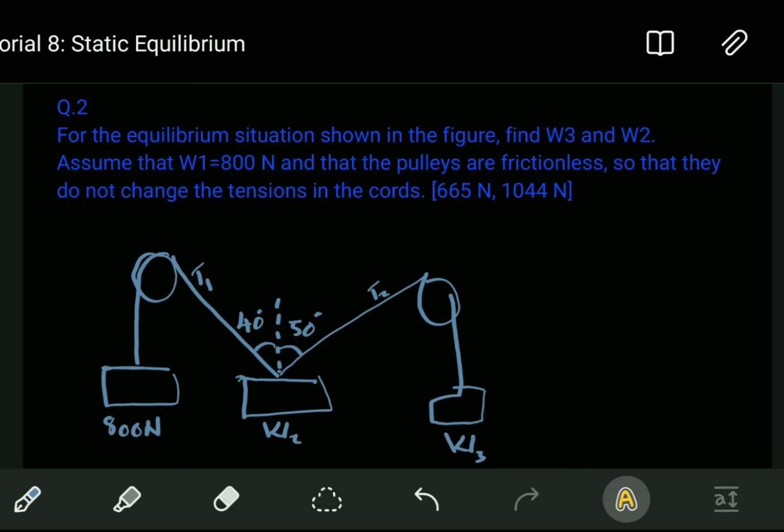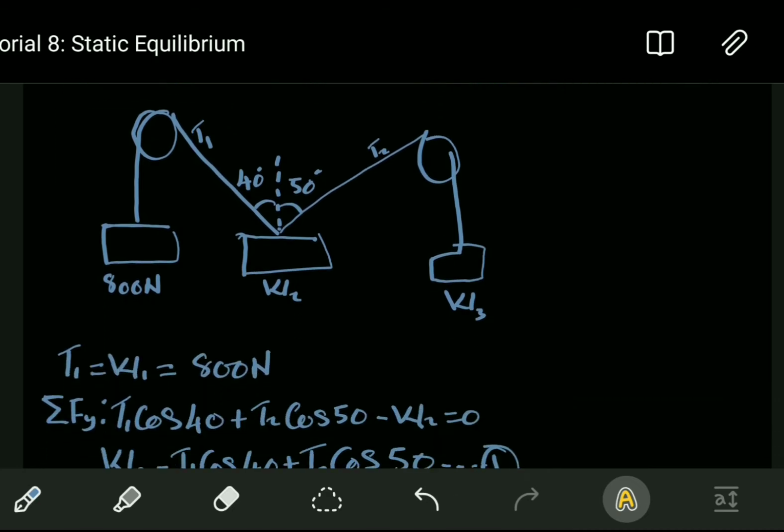Also T1 is going to be equal to 800 newtons there. Also notice that the tensions are making an angle, this time with respect to the y-axis and not the x-axis. So therefore T1 is equal to W1, which is 800 newtons.